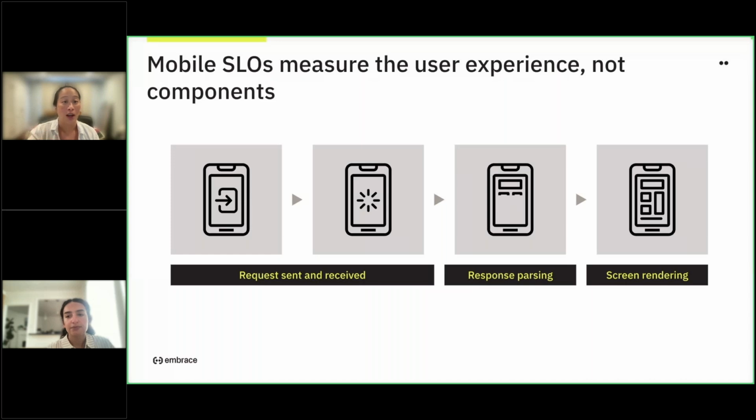If it happens during checkout or during login and the application is not responsive, it will naturally increase the latency and you'll start to see it in your mobile SLOs. Because those are high priority flows in your app, you'll prioritize them rather than high frequency issues of crashes or ANRs that occur in parts of your app that you might not care as much about.